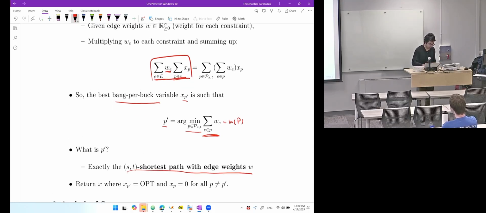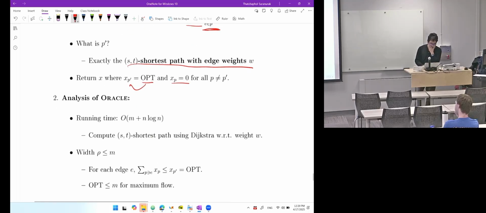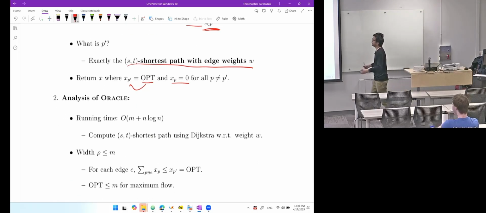So the algorithm is just going to set the value of x_p prime to opt, and the rest is 0. Now we just need to analyze this oracle, where the running time is m plus n log n. That's the running time of Dijkstra when you use a Fibonacci heap.